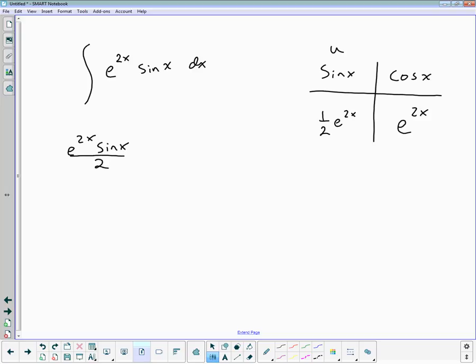This is not fruitless, believe it or not. We're all good? Why don't you do the next one? The next integration by parts.